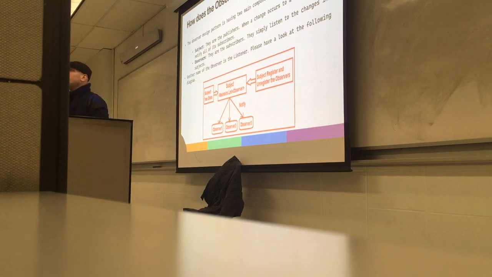For example, if you register on a marketplace on Facebook, there is an option: notify me when the price decreases. You see this option? It comes as notifications, allow if you want notifications. So this is the observer design pattern.